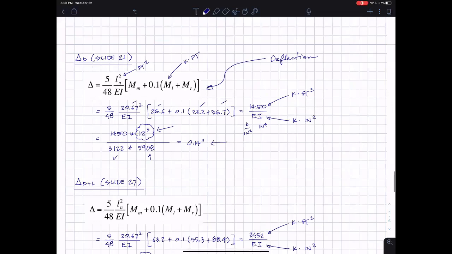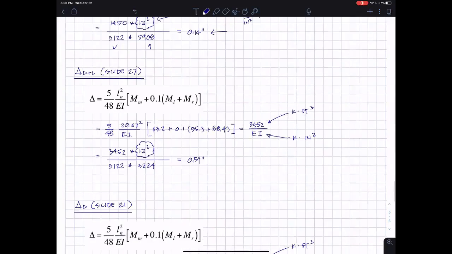And then on slide 27, when I calculate the deflection due to dead and live load, I do the same thing. Don't forget that 12 cubed. Here's that 12 cubed. And now these moments here, left, middle, and right, are for dead and live load. And I get 3452 over EI. I have that 12 cubed to do the conversion.